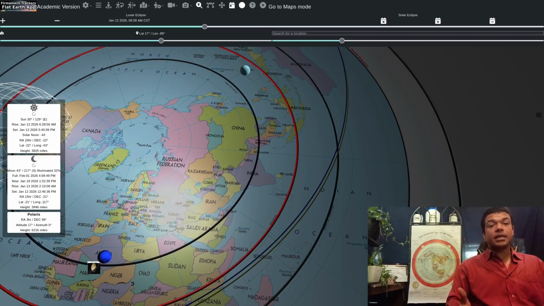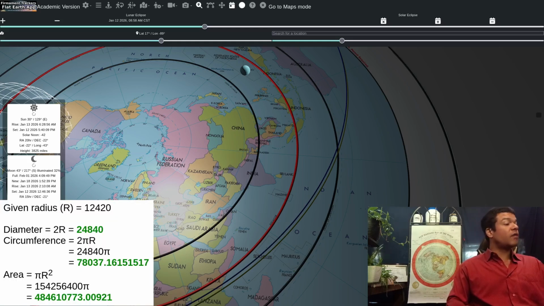Now this is very basic math. You would then just multiply, for example, 180 degrees times 69, and you end up with 12,420 miles. That is the radius there.